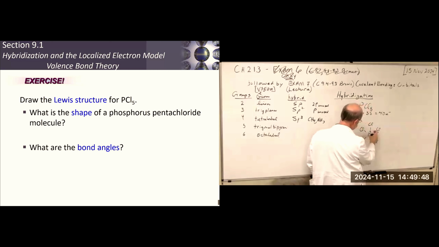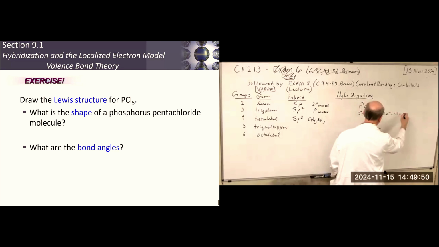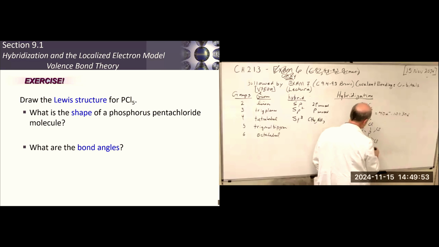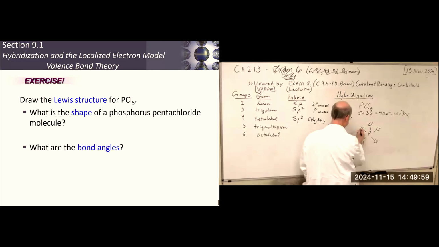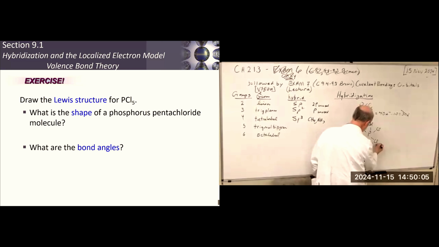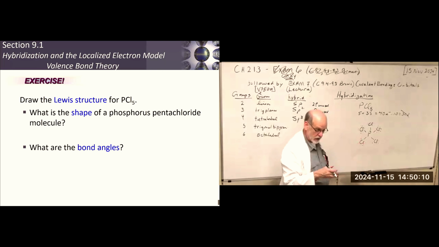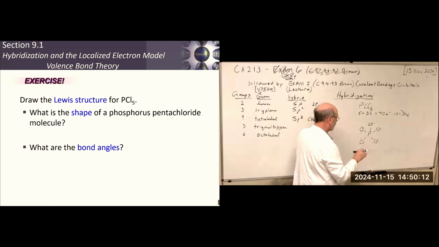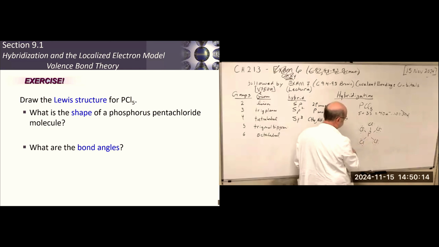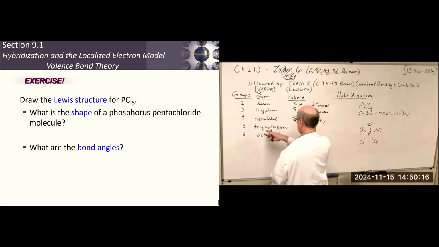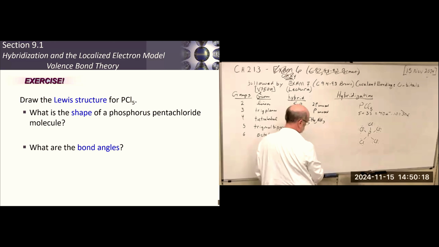Okay. 2, 4, 6, 8, 10. And 30 electrons left over. 2, 4, 6. 6 times 5 would be 30. Okay, we've used up all our electrons and there are no lone pairs. So the structure here would be trigonal bipyramidal.